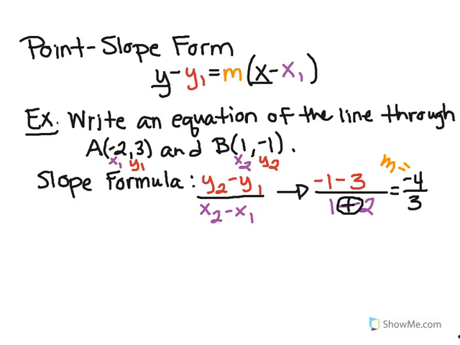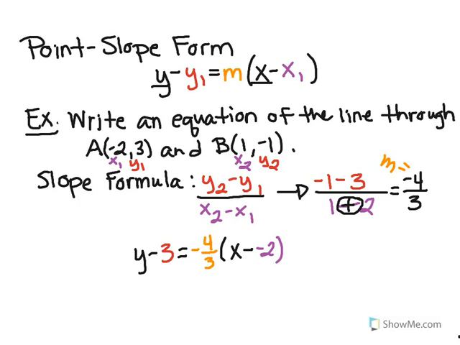So I'm going to set up my point-slope form. I have y minus y1. And I'm going to choose point A, just because. And I'm going to write out minus a positive 3, because that's y1, and equals my slope, which is negative 4/3, parenthesis, and then x minus x1, which is a negative 2.